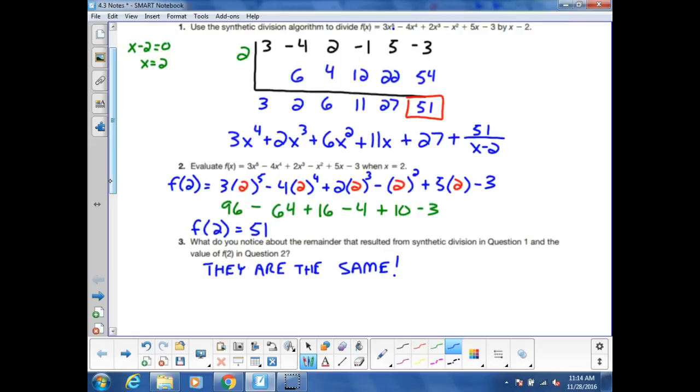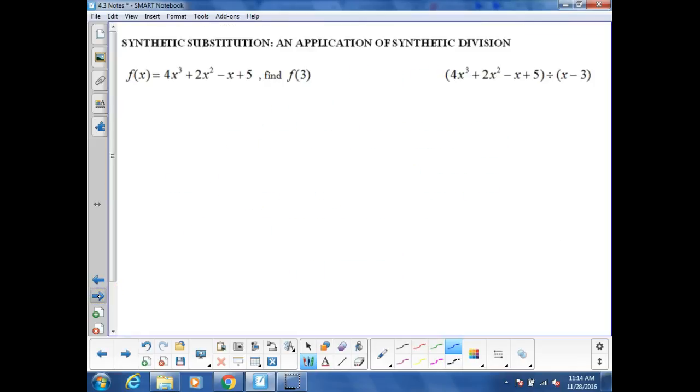What we just did is synthetic substitution. Synthetic substitution is an application of synthetic division. Basically you set up synthetic division on it, except instead of finding a factor and then a zero, you're given a value.